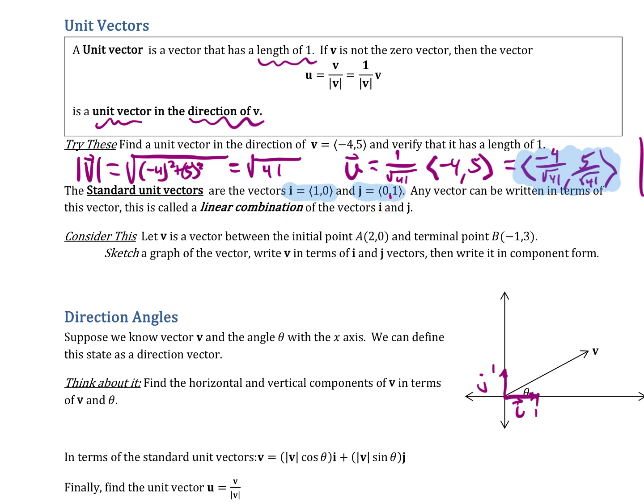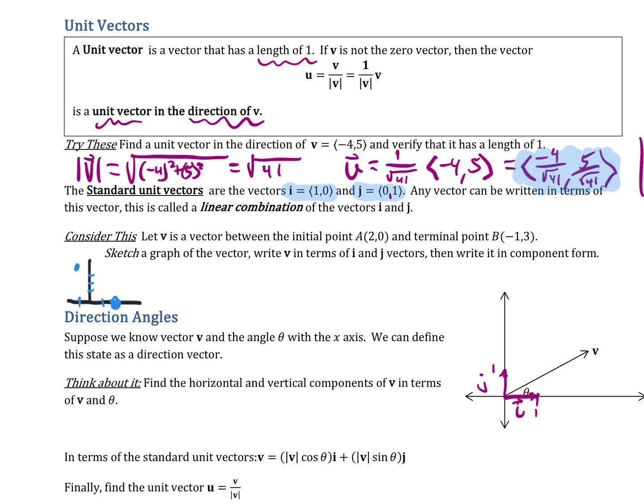So we can show that any vector can be written as a linear combination of these. What that means is if we have a vector, let's say we got a vector between the 2, 0 and negative 1, 3, okay? Let's find this in component form and in terms of i and j. So we have the points, 2, 0, it's going from 2, 0 to negative 1, 3.